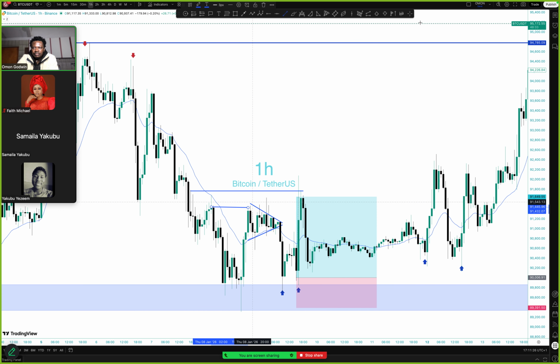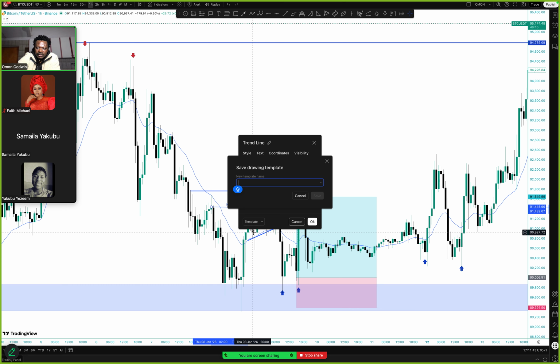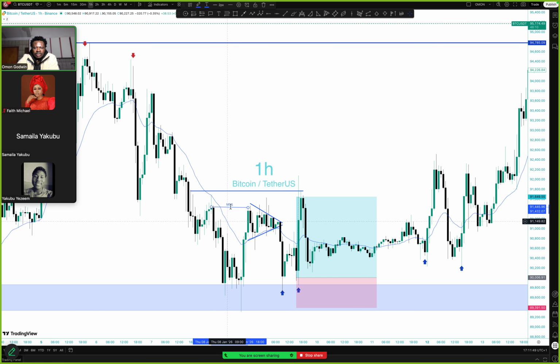Okay, let me make you guys understand something so that a lot of details will be on your chart. You write it here, MSS. Then you can also save it. Remember, template, sorry, you save, then you write MSS, then you save, then you click OK. Look at it, you have it here.